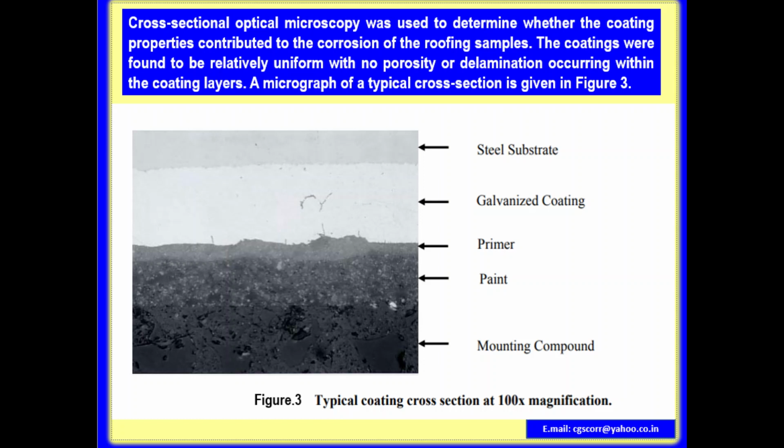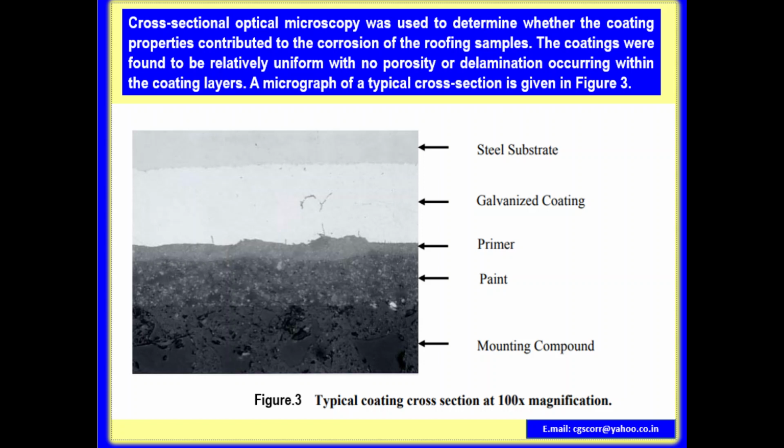Figure 3 depicts typical coating cross section at 100 times magnification. Cross-sectional optical microscopy was used to determine whether the coating properties contributed to the corrosion of the roofing samples. The coatings were found to be relatively uniform with no porosity or delamination occurring within the coating layers.